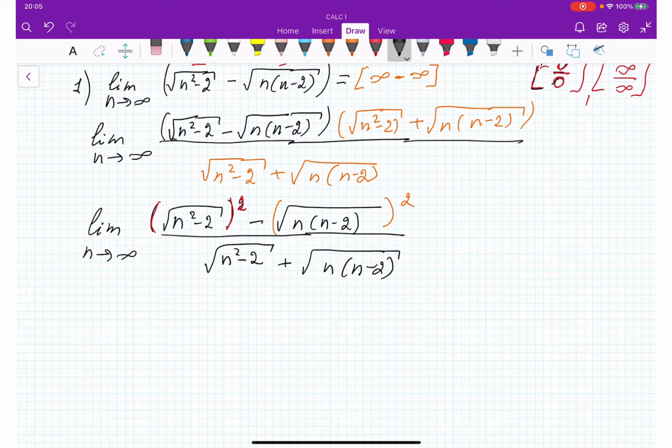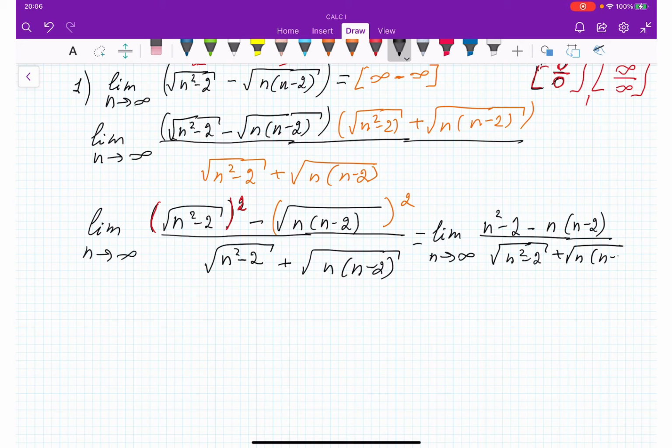So from here we are getting n squared minus 2 minus n times n minus 2, divided by the same thing.